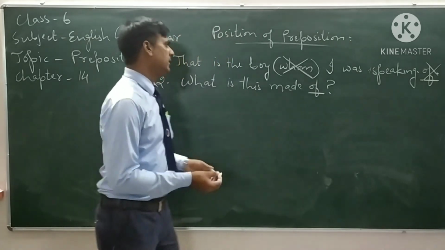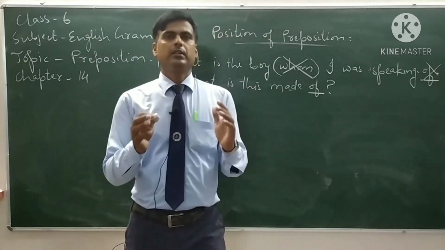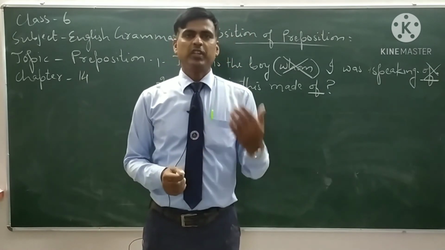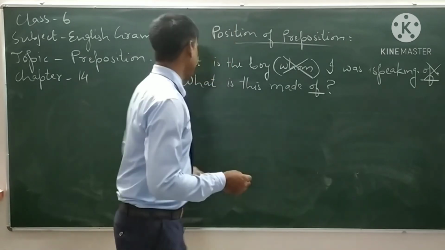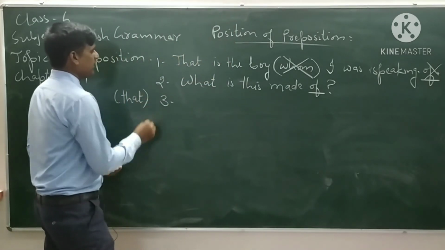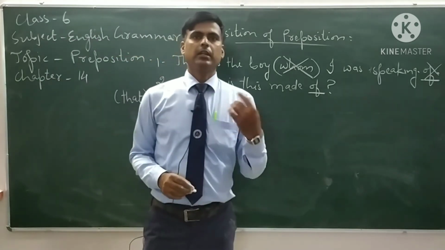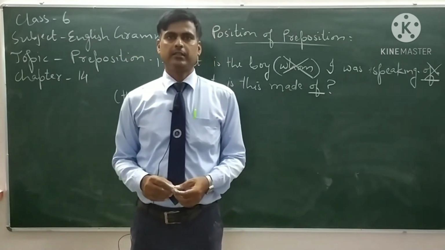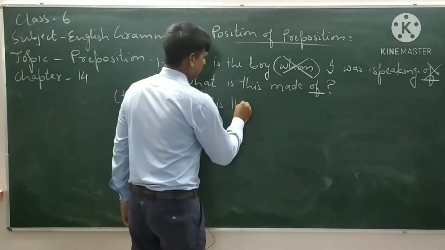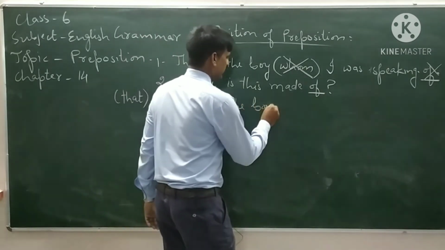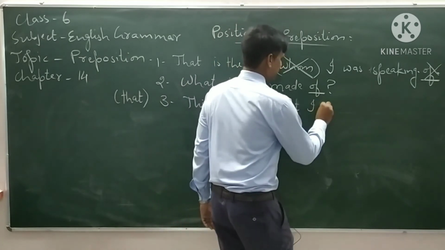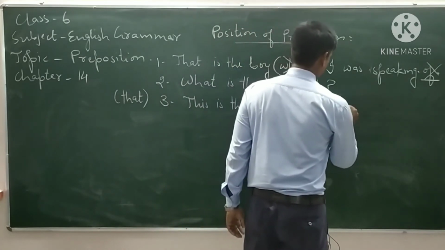Now do you see the third one? Whenever in complex sentences the relative pronoun is that, in that case we use the preposition in the end of that complex sentence. This is the boy that I spoke of.